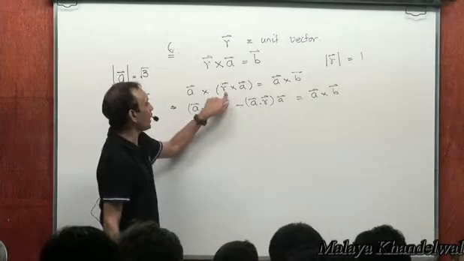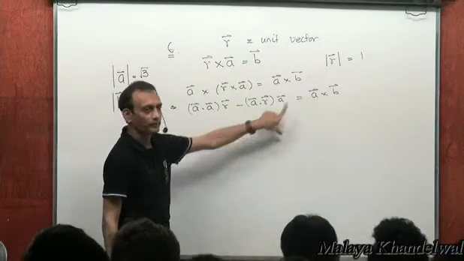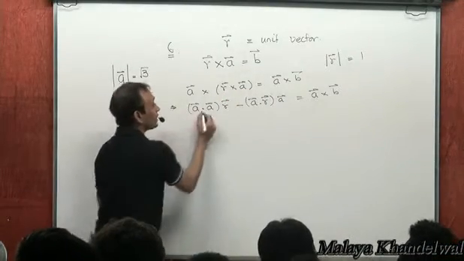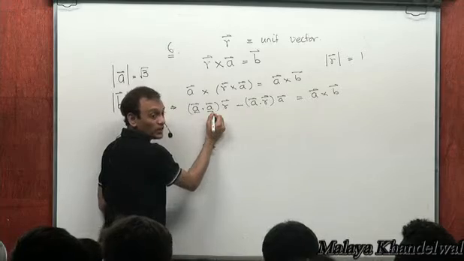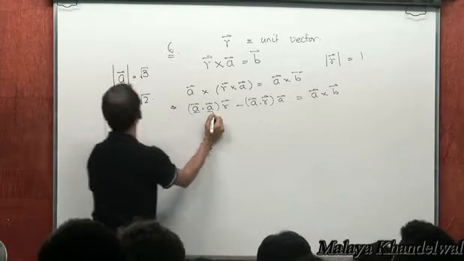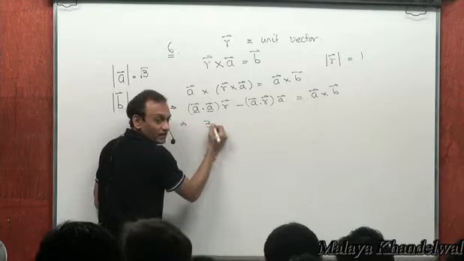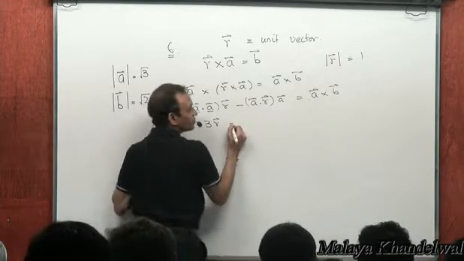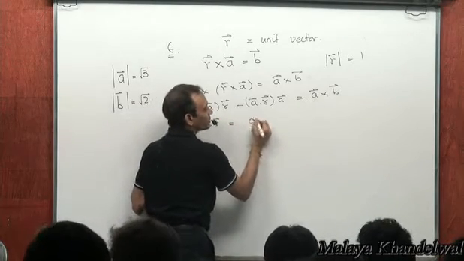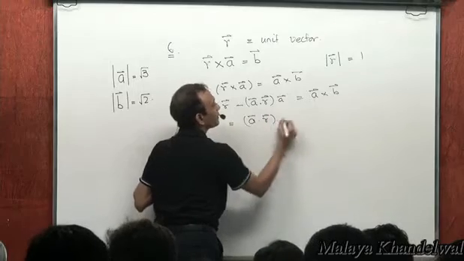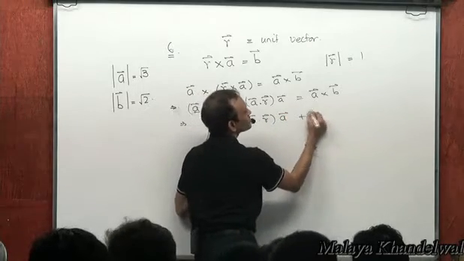Now, A dot A is mod A squared. Mod A squared means 3. So that makes it 3r equals A dot r into A plus A cross B.